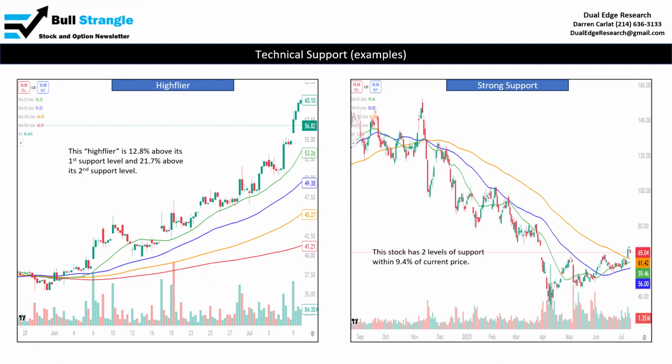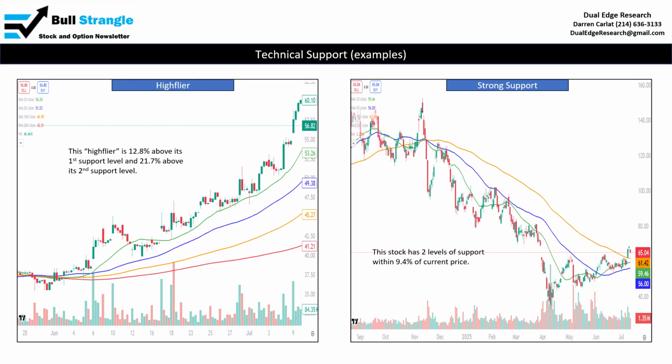On the right is a stock that has strong support. Generally, you can see that this stock is going more from the upper left to the lower right, which you would normally view as not being a strong stock. But you can see that it started to bottom and it has now crossed several key support levels and now is going to be supported by, in this case, 3 different levels of support.